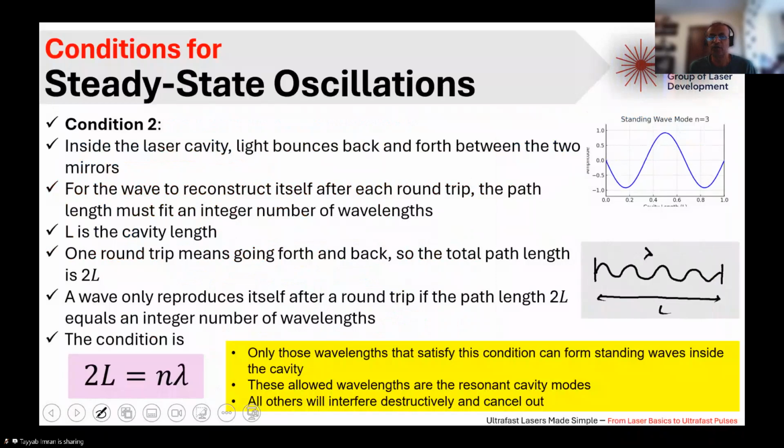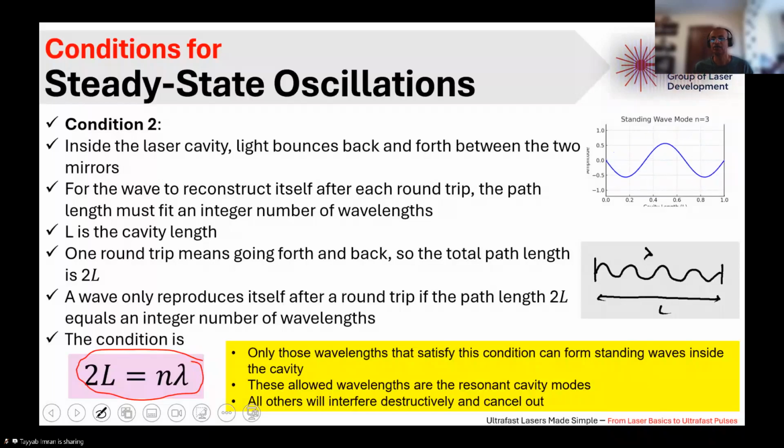Now, the second condition for steady state oscillation: this equation should be satisfied. 2L is equal to n lambda. There is also mu in it, but it's not necessary to write here. L is the length of the cavity, lambda is the wavelength, n is the order.